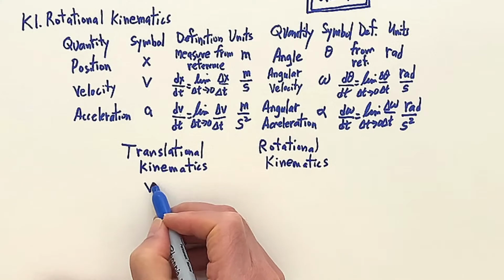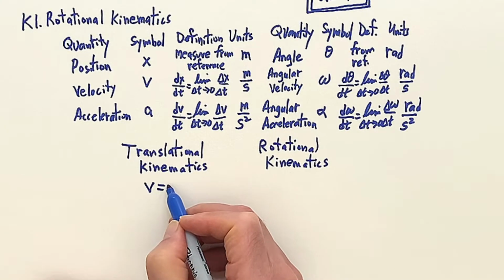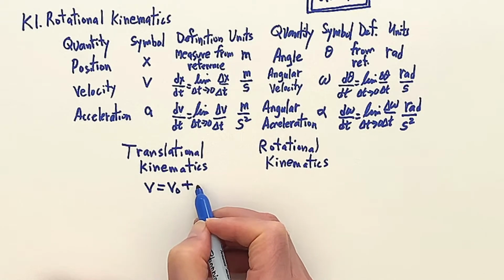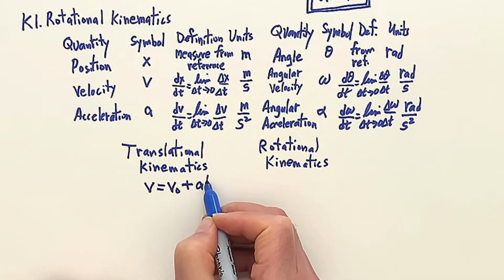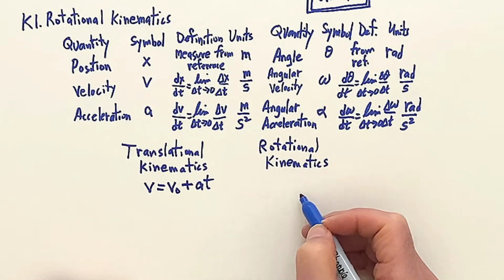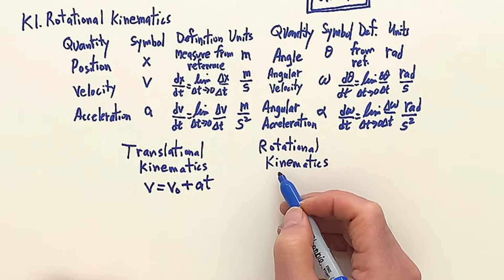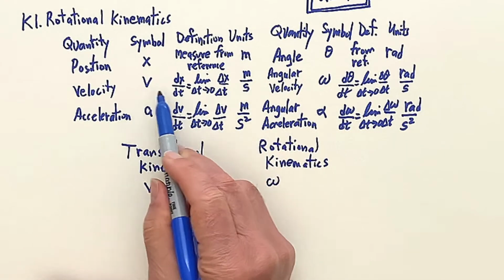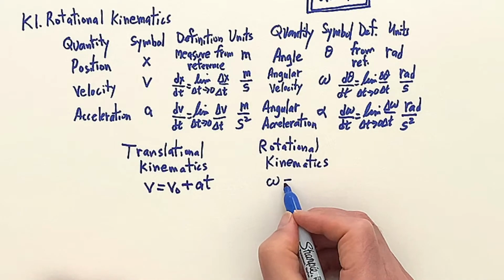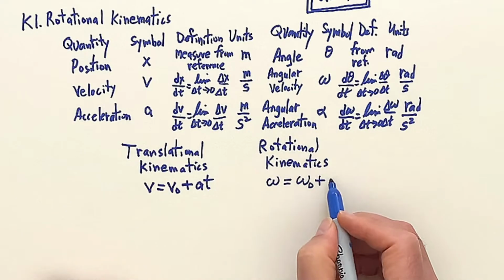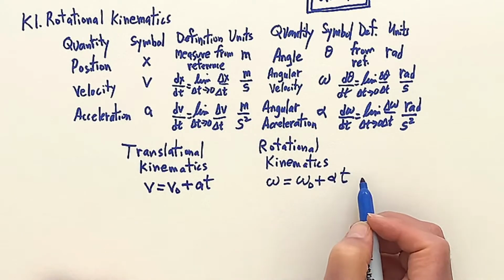First equation that we did, one of them back in the earlier chapters, V is V naught plus AT. So for traveling in a circle, V becomes omega. So this is omega naught plus, and A becomes alpha, alpha T.